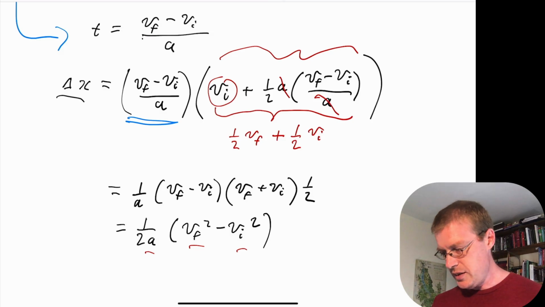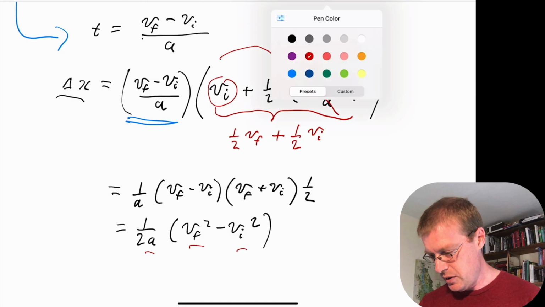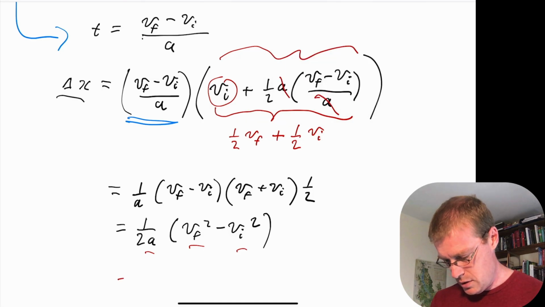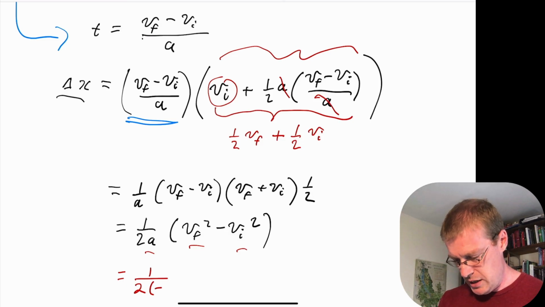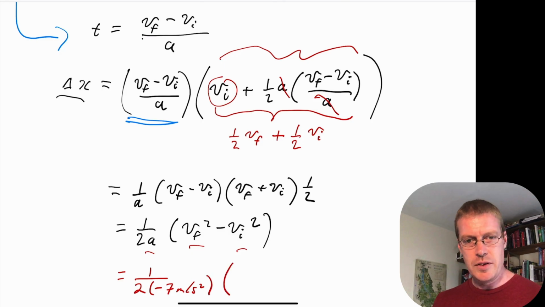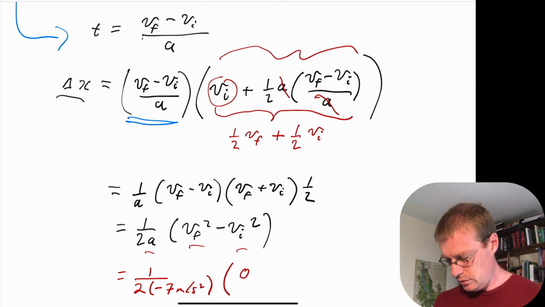So in the present case, let's put in our numbers. So the acceleration, we had said, was supposed to be minus 7 meters per second squared. And then Vf, we said, was 0.